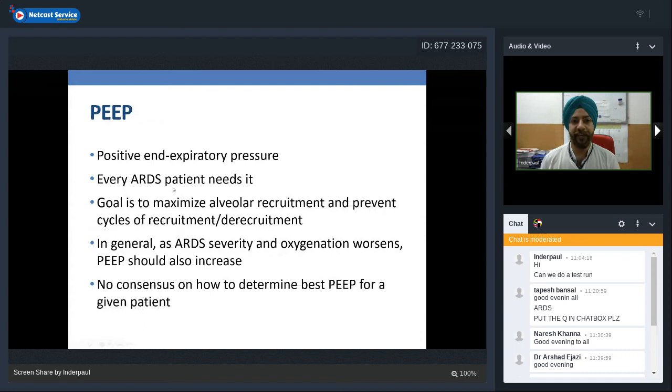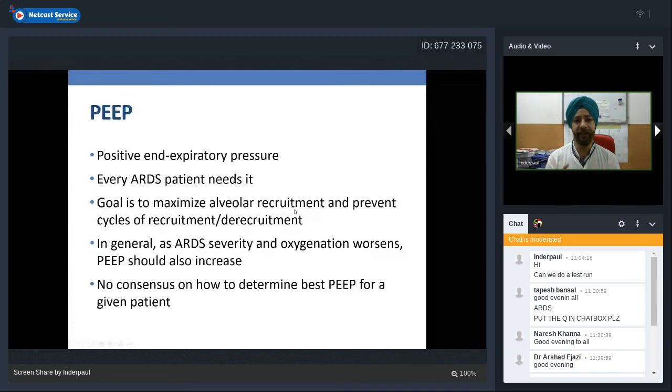Every ARDS patient will need it. The goal is to maximize alveolar recruitment and prevent repeated cycles of opening and closing. If the lungs keep opening and closing like this, closing completely and opening again, it causes a lot of stress and strain on the alveoli, and it causes a lot of inflammatory secretion, and this is what is called biotrauma.